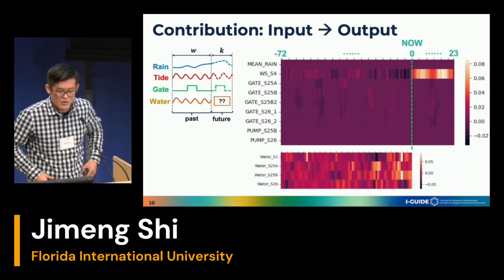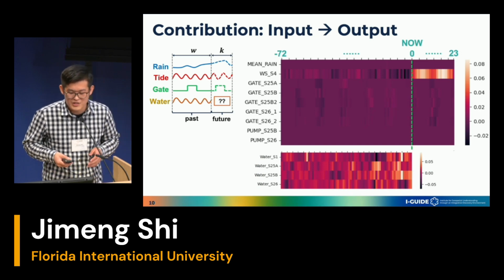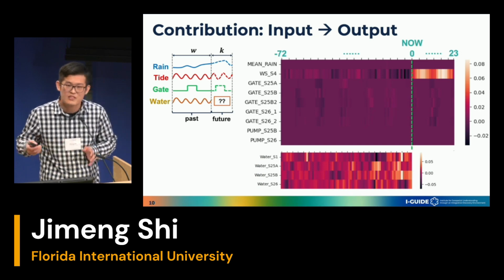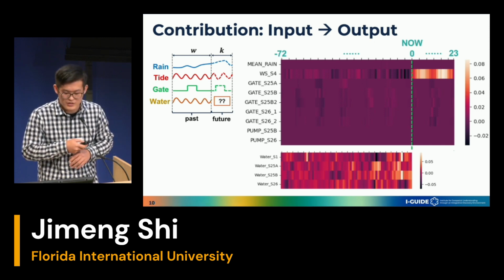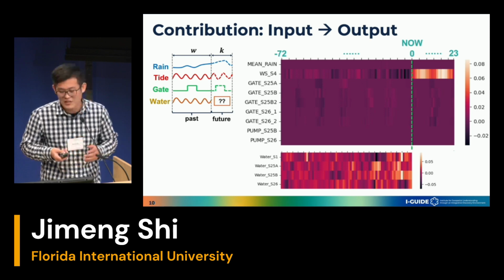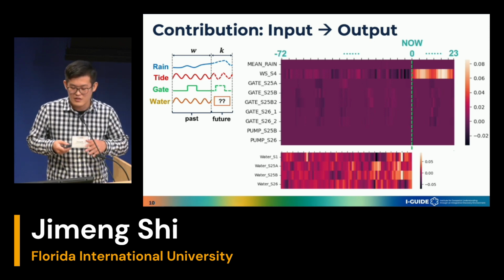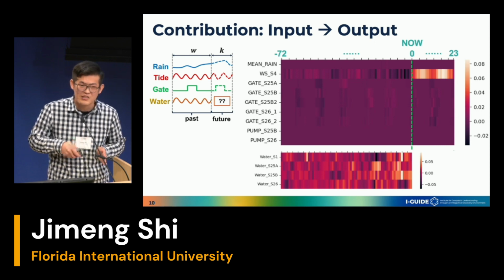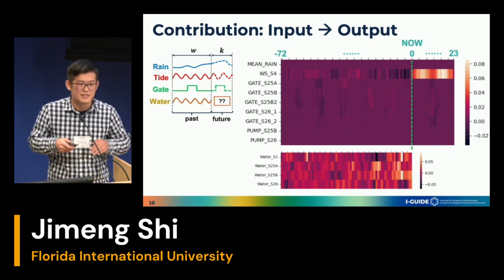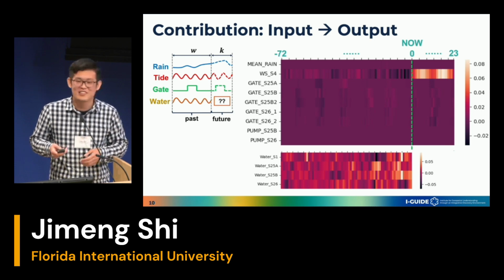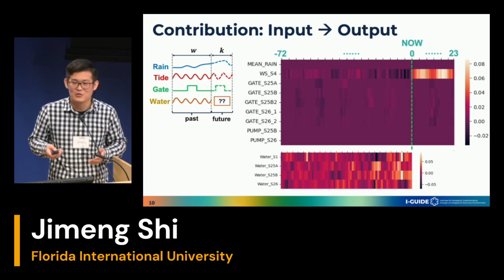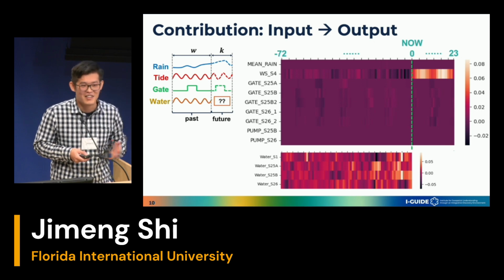We also want to know how much the water level from the recent past impacts the output. So here is the water level in the past 3 days, 72 hours. The model tells us the water level from the recent past has more contribution than the far past, which makes sense because if you want to predict, let's say, next week, you don't have to consider what happened last year.